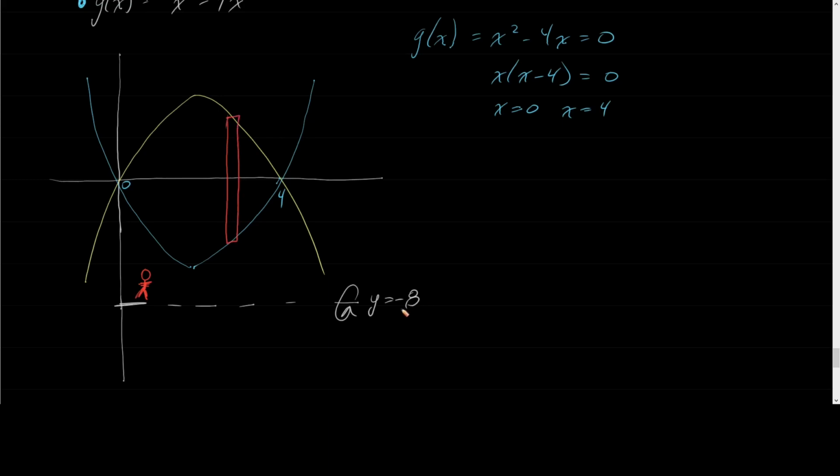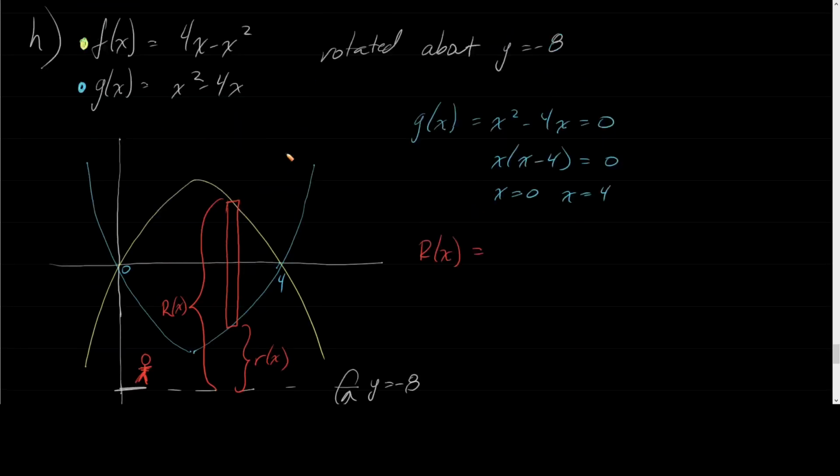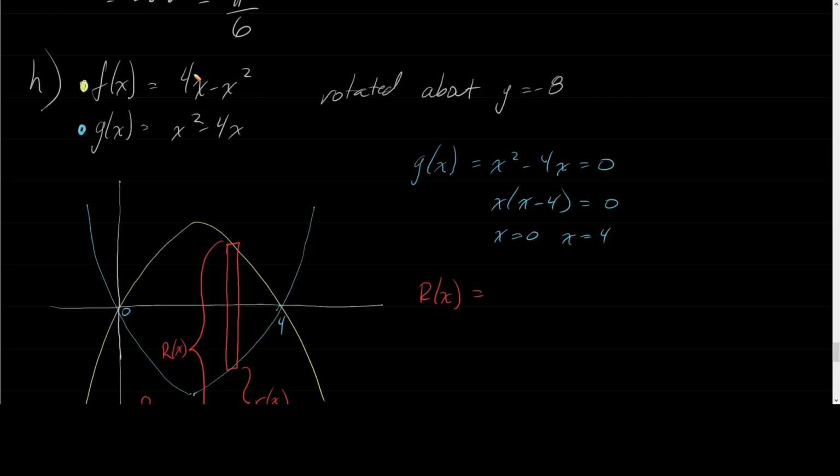That's my representative rectangle, where this distance over here, that would be my big radius, right? In terms of x, because we're rotating about a horizontal axis, and this would be my little radius in terms of x. So what does that mean? Well, r of x, the big radius of x, this distance up here, that's the yellow function, which was 4x minus x squared.